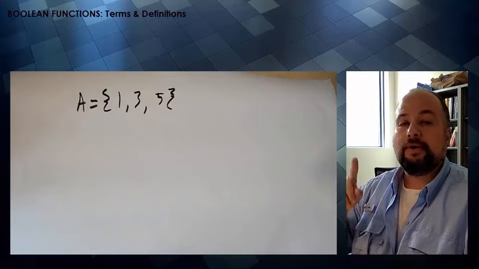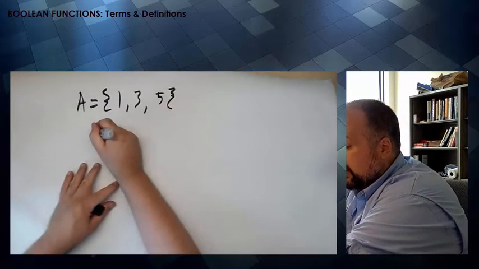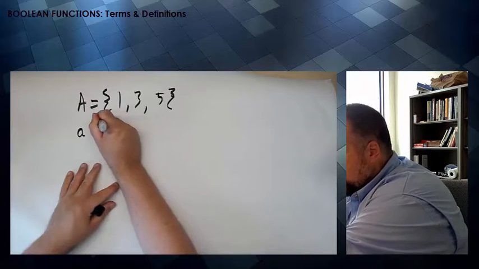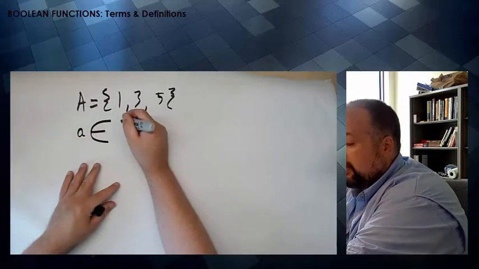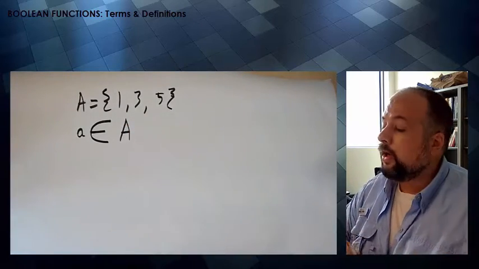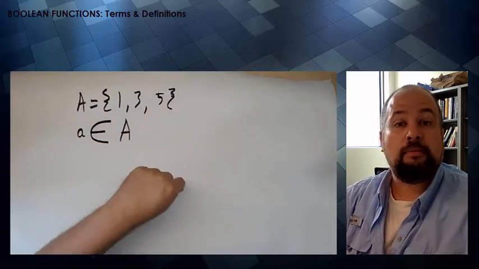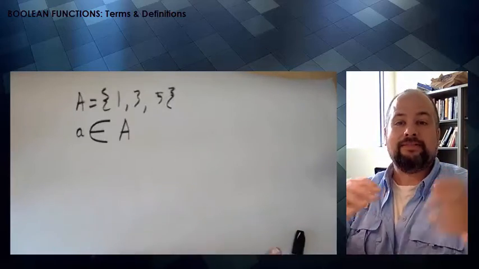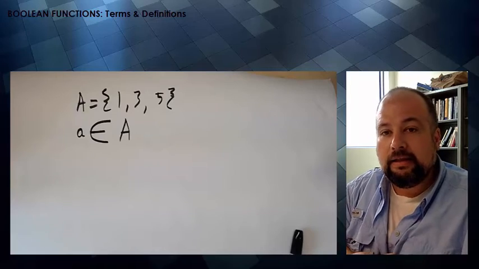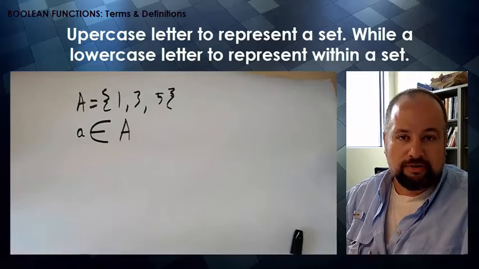If we want to talk about a particular example from the set, we would indicate it like this. We would have a lowercase a, and then that symbol that kind of looks like a euro, and then the name of the set. So this says a is a variable that exists somewhere within uppercase A. And it's also very standard, if you give your set an uppercase letter to represent the set, to use a lowercase version of that letter to mean within that set.